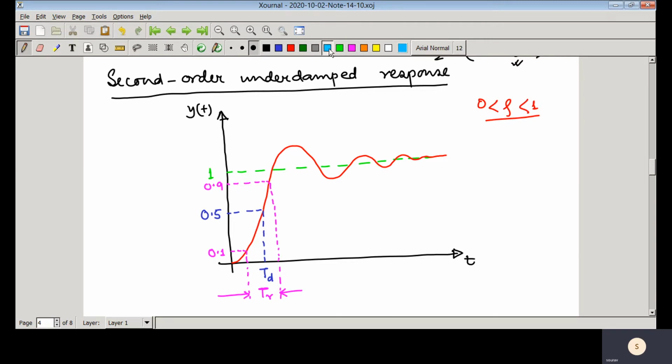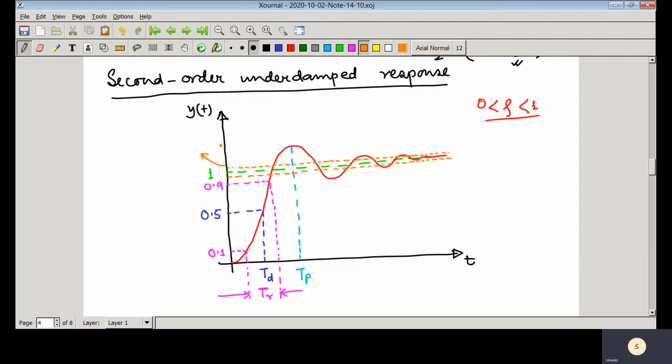Now another one is, suppose this is the time where the first peak appears, so suppose this time is TP. And now if we take a plus minus 2% band with respect to the final value, the final value is 1, so plus minus 2% band means here we have 0.98, and above it 1.02.